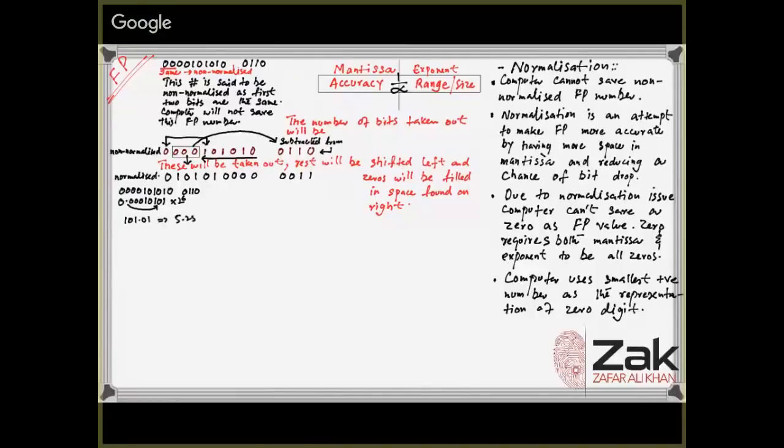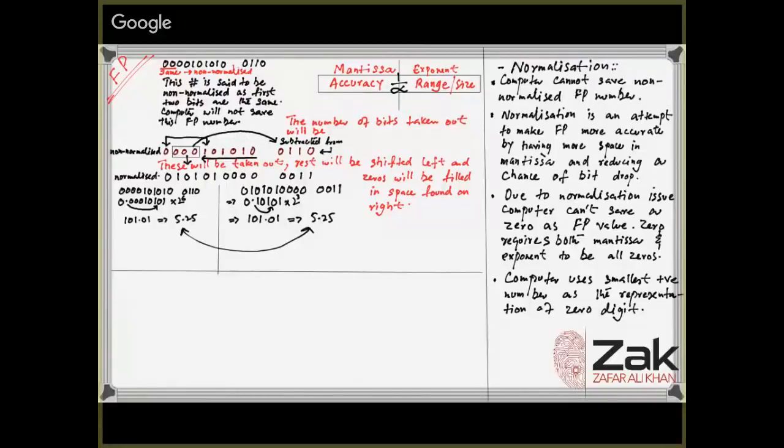This becomes 5.25, and this is obviously a positive number because we have 0 on the left. If we take this normalized form and solve it, this would be 5.25 as well. So they both are the same. Normalization does not affect the worth of the number, it only finds more space in the mantissa.